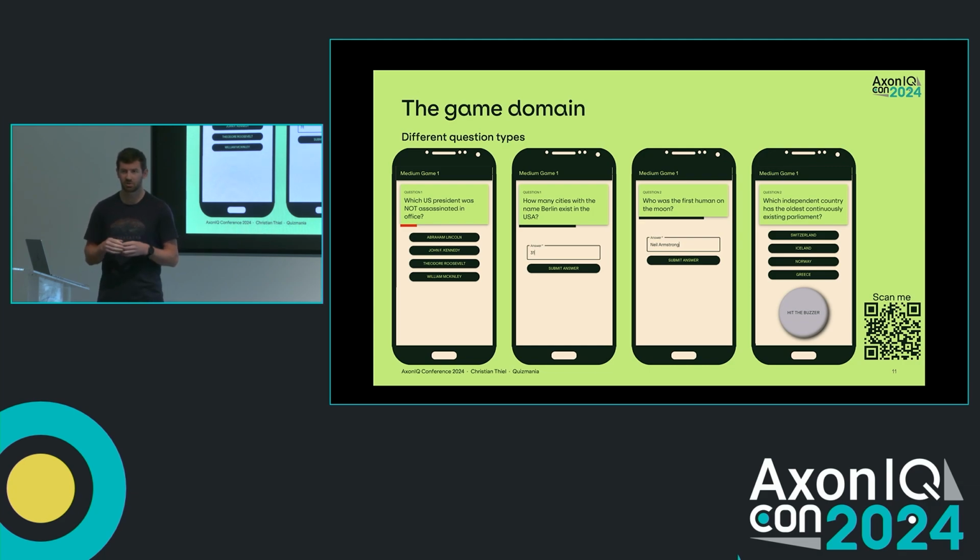That actually was quite nice to fit into. And also, I'd like to have these buzzer questions where just the fastest participant is able to answer and could get the points.